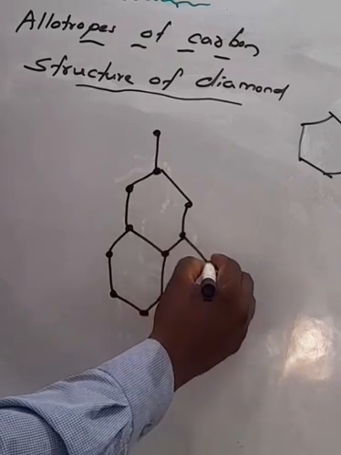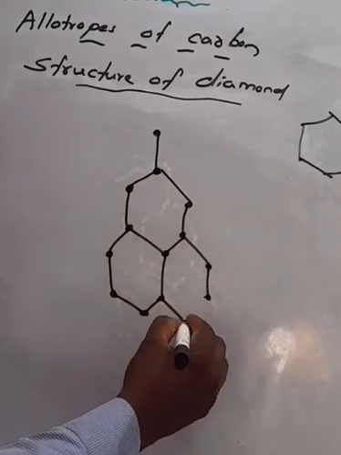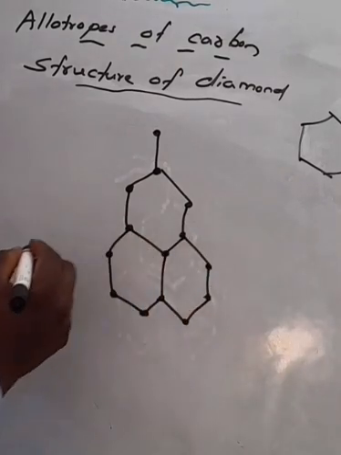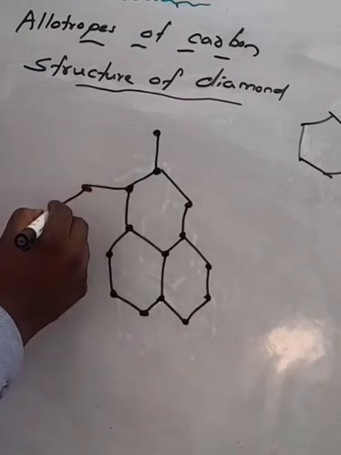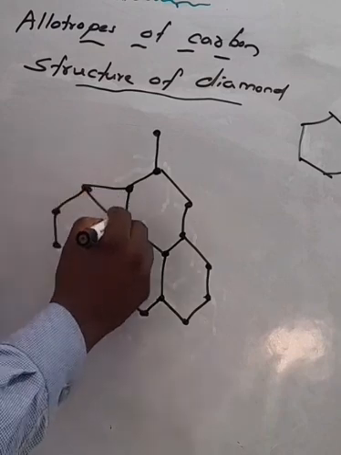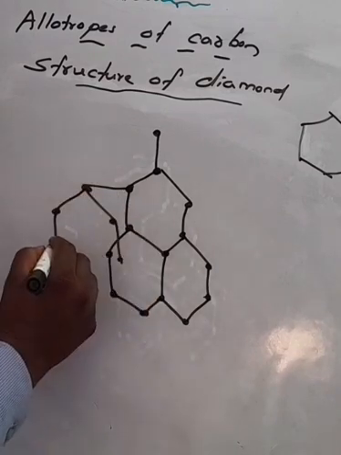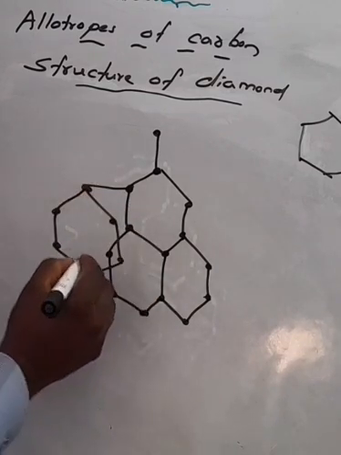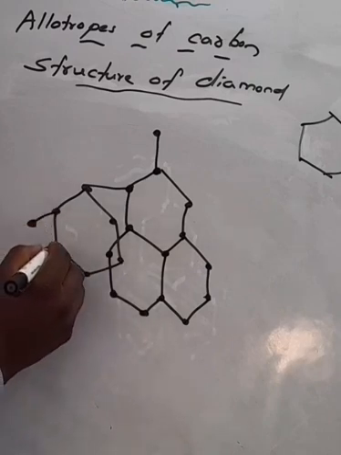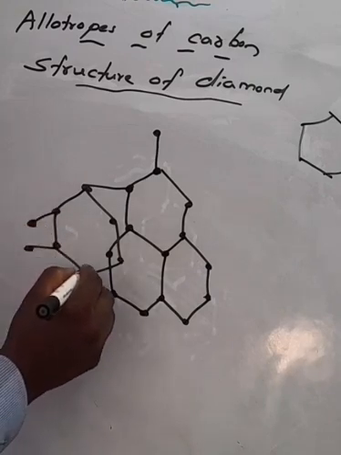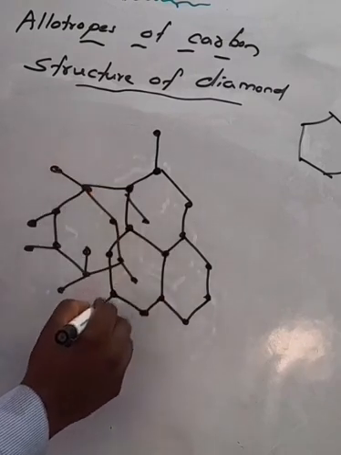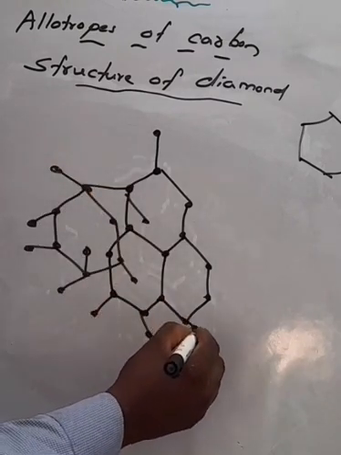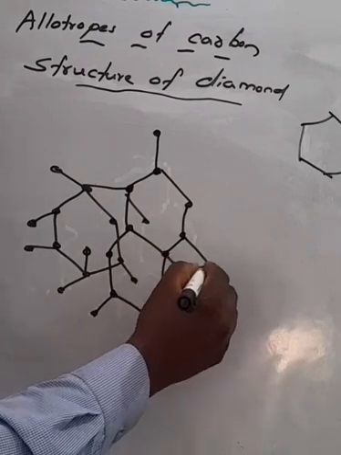Next I am starting here: carbon, carbon, carbon, carbon, carbon, carbon. Again I am starting here. Like that we can increase the rings. This is the actual form. You have to try like that. This is enough for the examination.